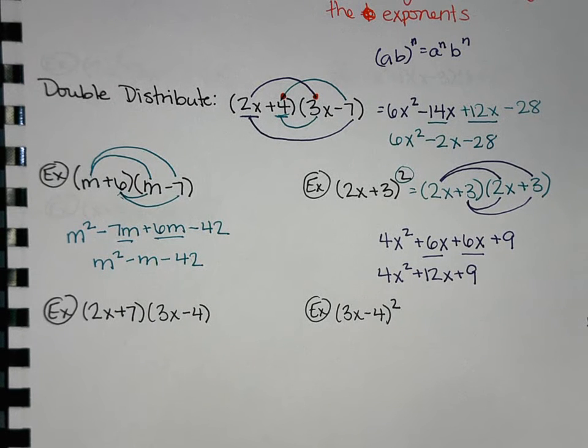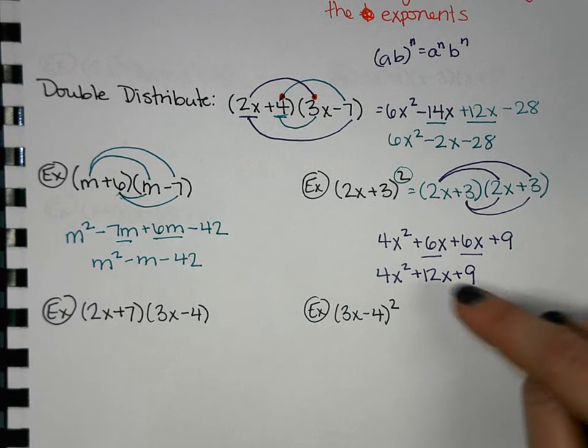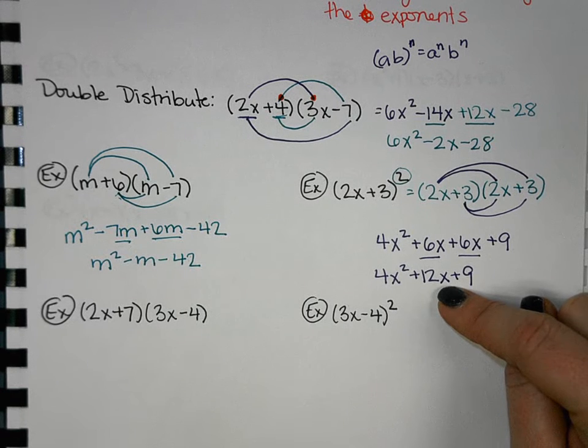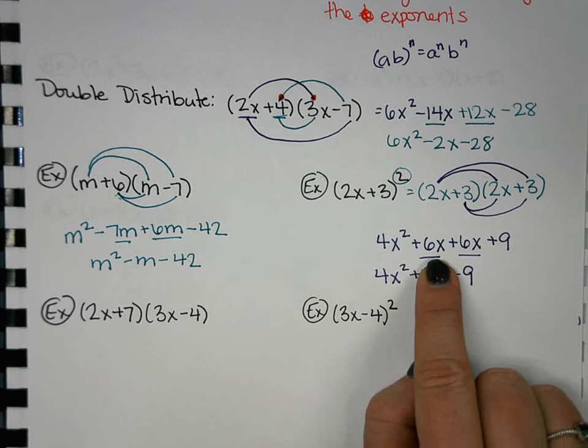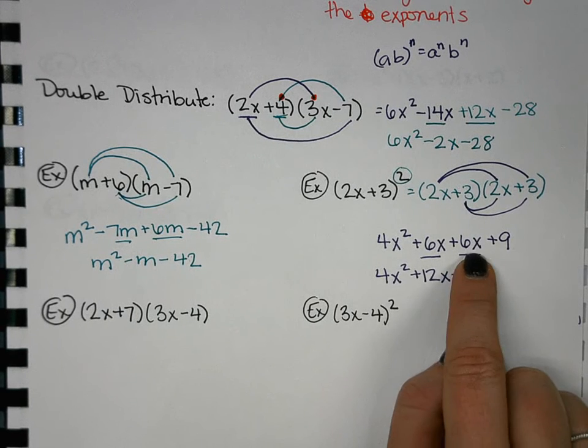Okay, how did we do with that one where we had the squared thing? It just means you write it out twice. Since we're doing addition, why wouldn't it be a 6x squared? Remember when we add 6x and 6x, the ones are there, but we only add the coefficients.